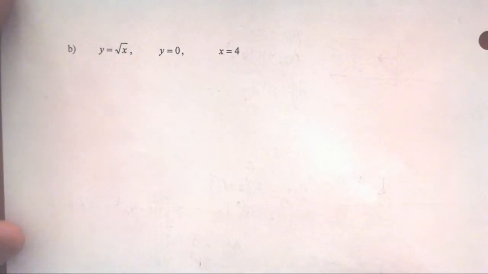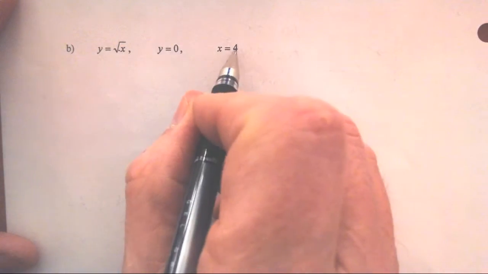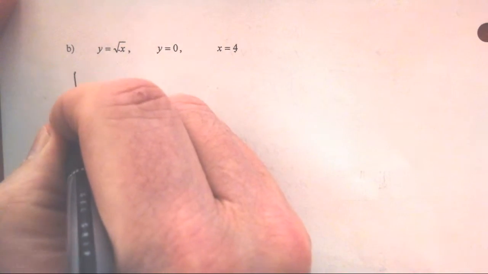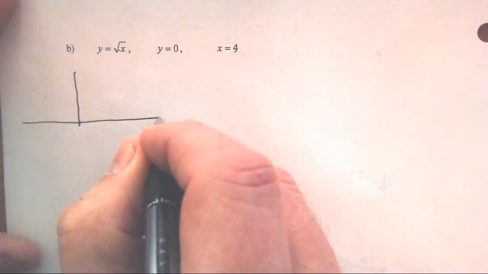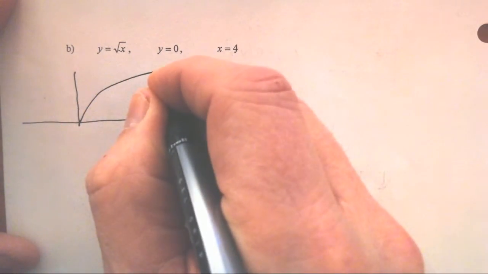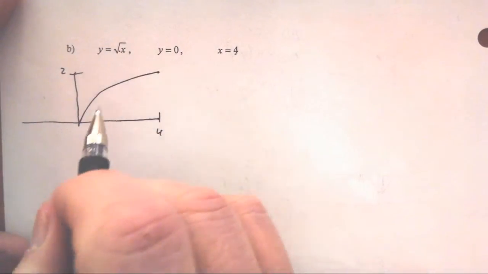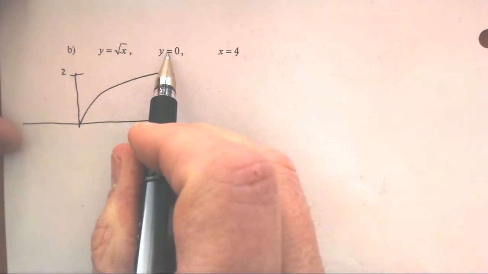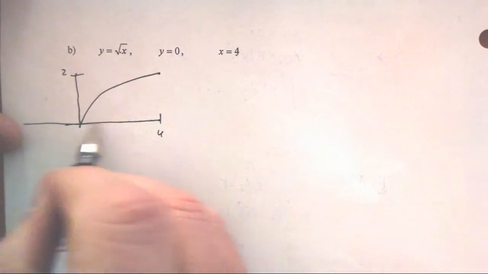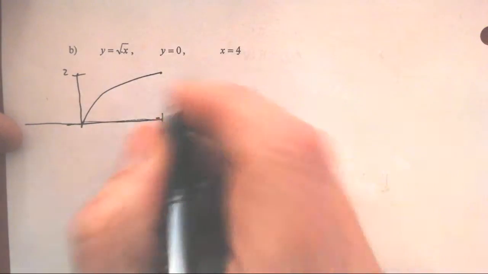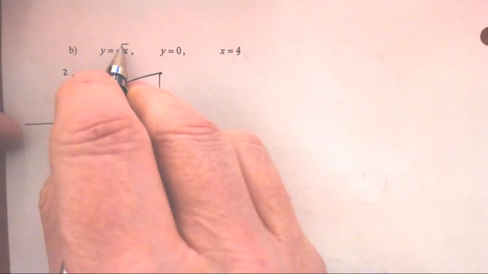Oh, here's a function that we were just looking at recently. Square root of x, when x is 4, y is going to be 2. So we're out to 4, we're up to 2. We're between the graph and y equals 0. Y equals 0 is right here. We're between x equals 4 and here.